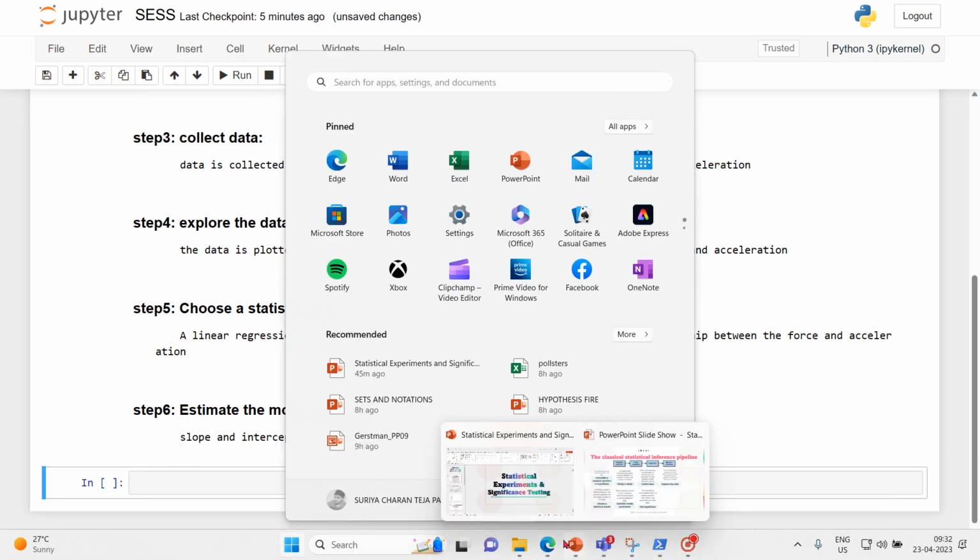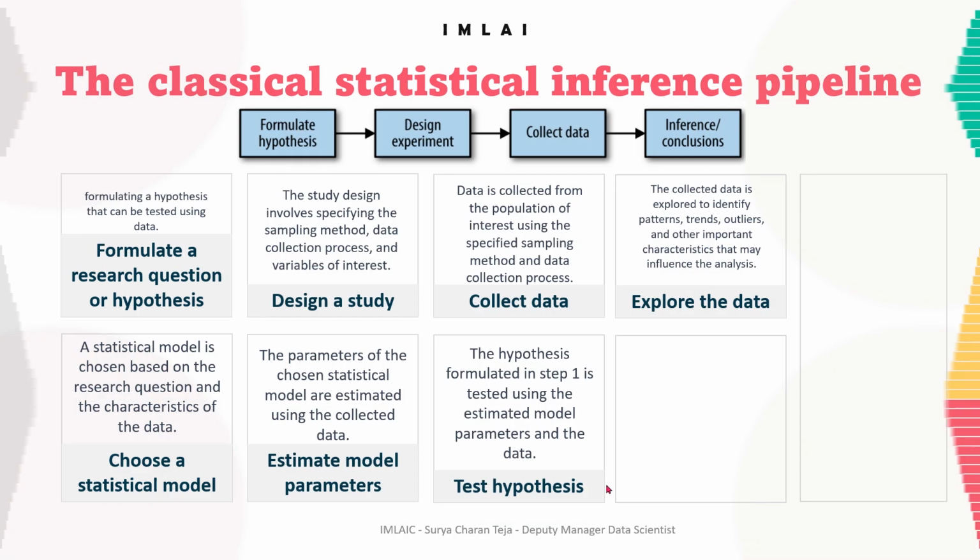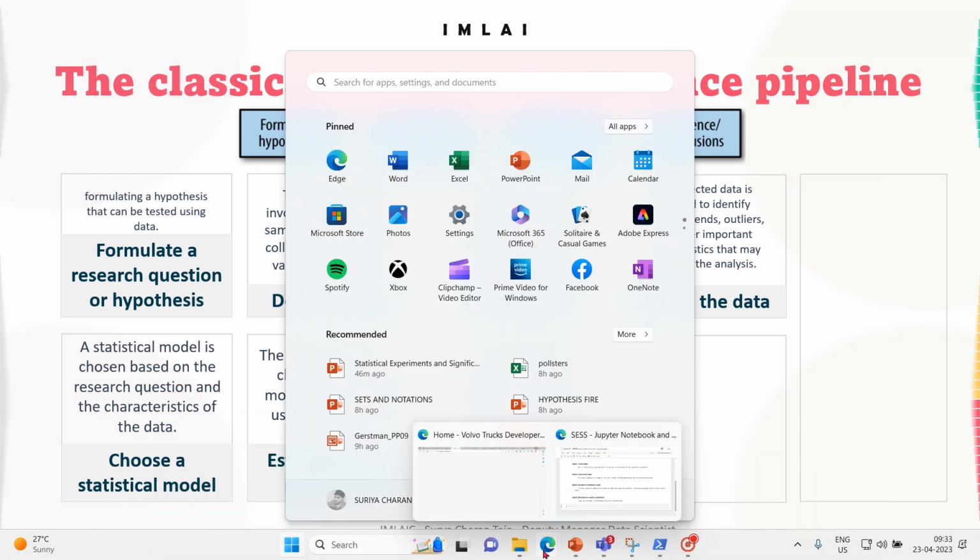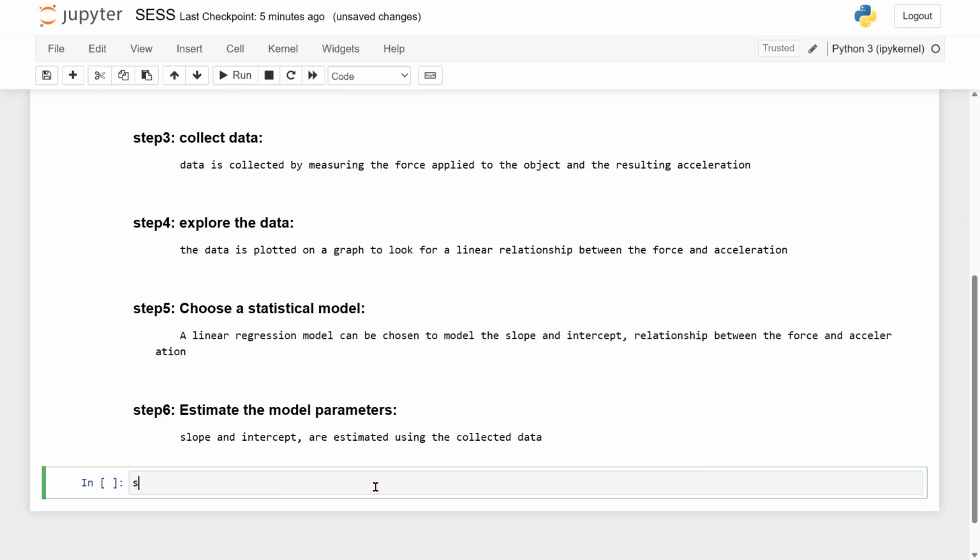Then let's get to the next step. It's step 7, testing the hypothesis. The hypothesis formulated in step 1 should be tested using the estimated model parameters and the data. So let's do it for Newton's second law.